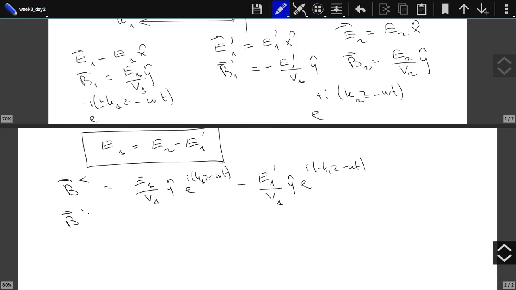And the magnetic field on the right-hand side of this surface is given by E2 over V2 in the y-hat direction, e to the power i(k2 z minus omega t).